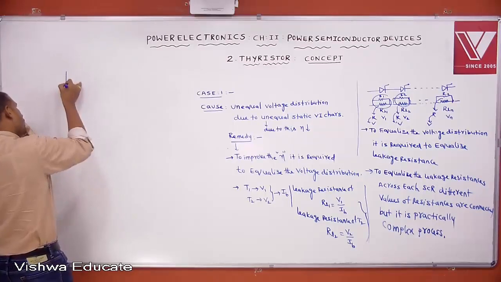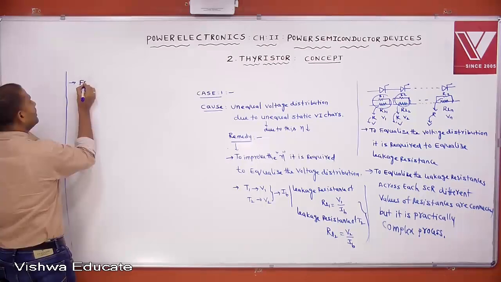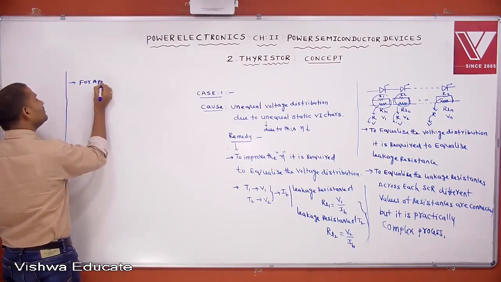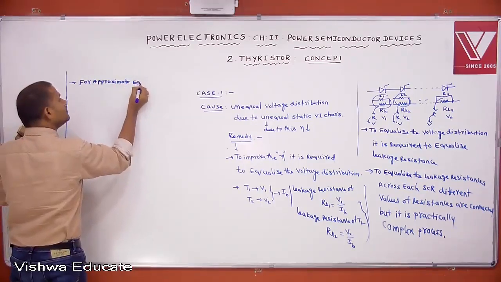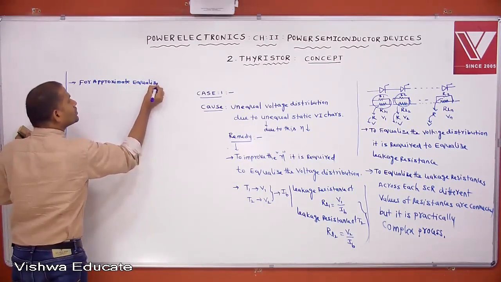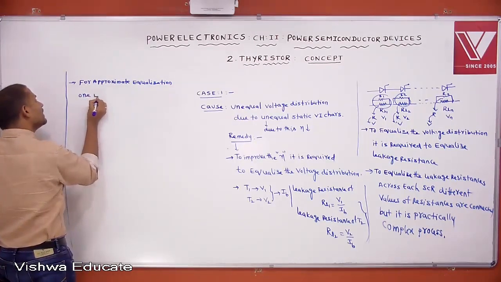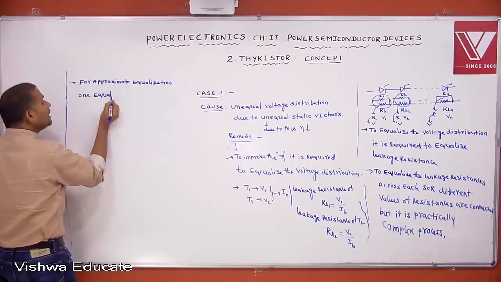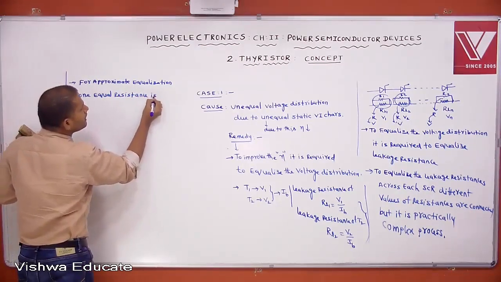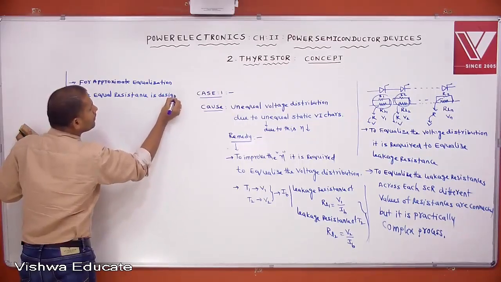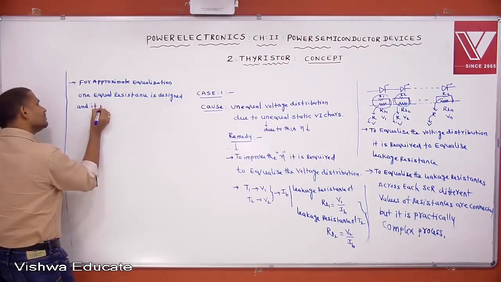For approximate equalization, not exact, one equal resistance is designed and connected across each SCR.